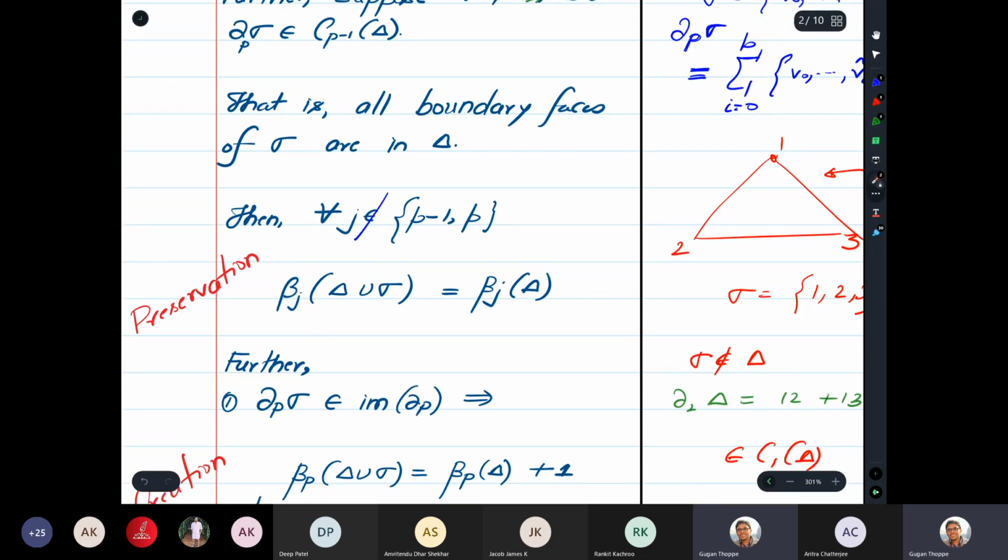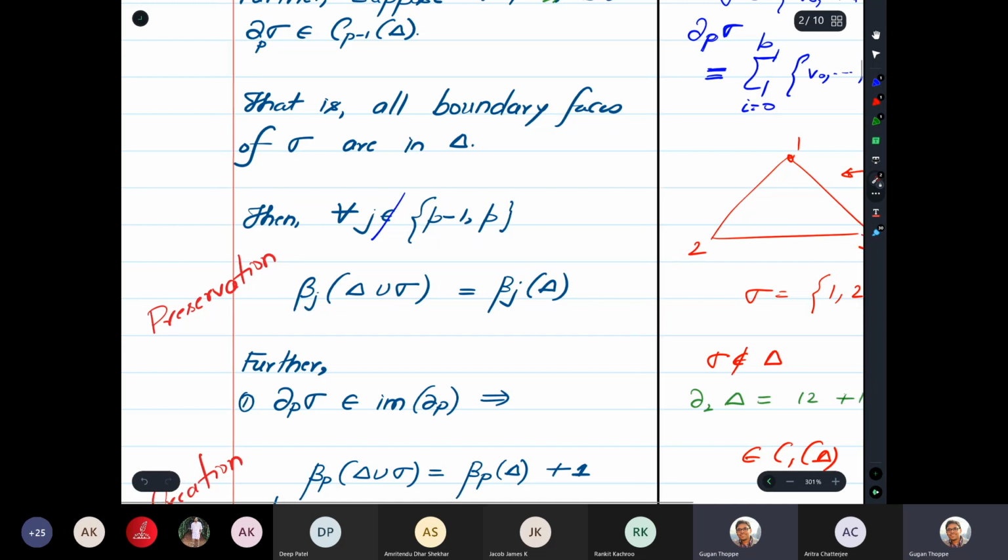So you are adding a p face. What you are saying is that every other Betti number, except for p minus 1 and p, those Betti numbers are preserved. So when you add a face sigma to delta, every Betti number except these two is preserved. I will refer to this as the preservation property.